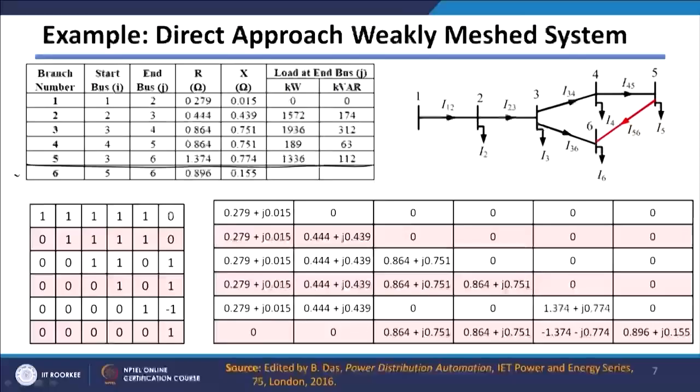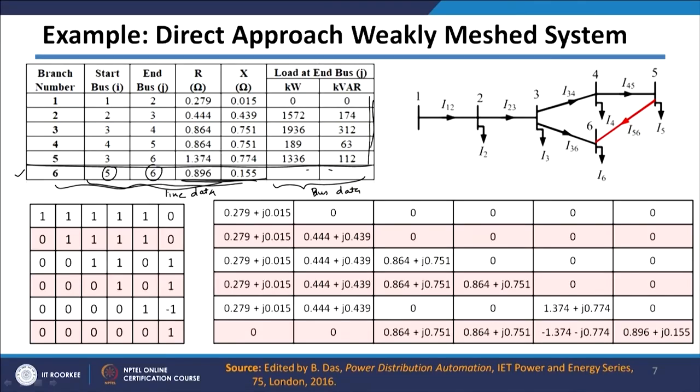I added one more line, which is from 5 to 6, having the impedance given in this column, and the loads at each node are already considered, so there will not be entries here. So, this is your line data of the weakly meshed system, and this is your node data or bus data of the weakly meshed system, and using these columns we form your BIBC and BCBV matrices.